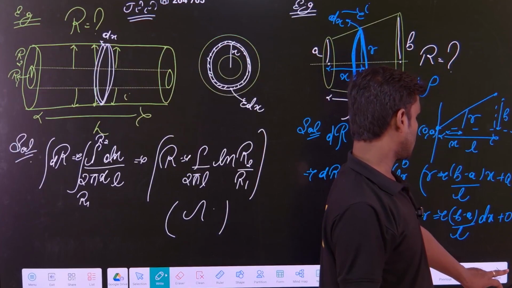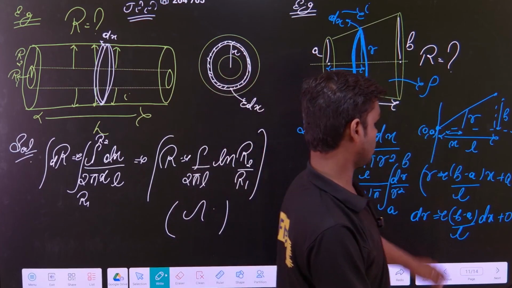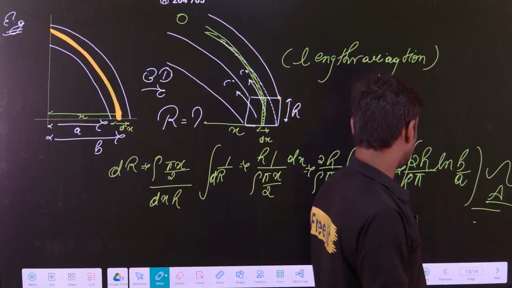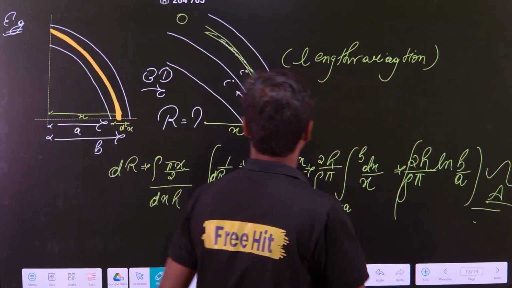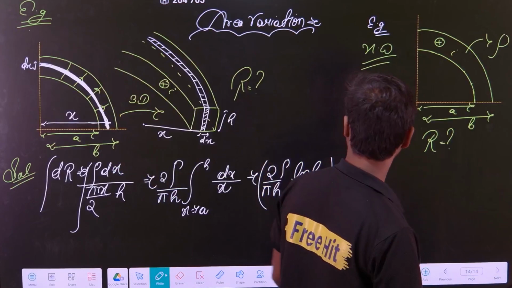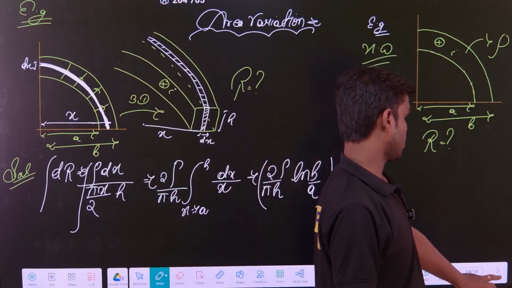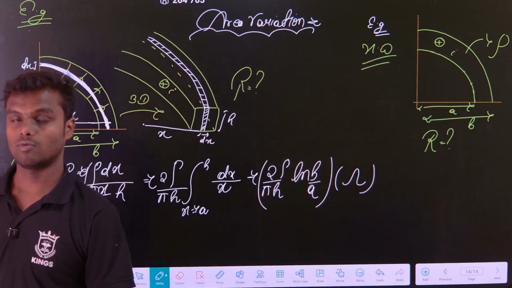We have seen how to do the calculation when length is varying and area is varying. These are the two variations we have seen, and in this same example we have seen the length variation as well as the area variation. And you have to answer this question to me: what is the resistance for this?